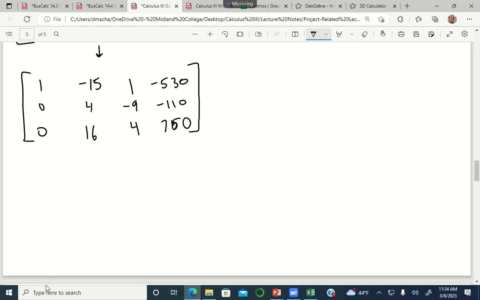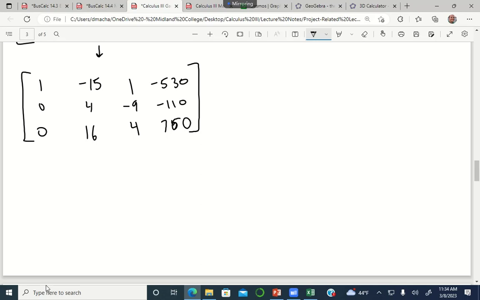The next thing I'm going to focus on is making this 4 into a 1. So to make this 4 into a 1, it's going to be a little bit tricky. I think the first thing I'm going to do is multiply the second row times 4.